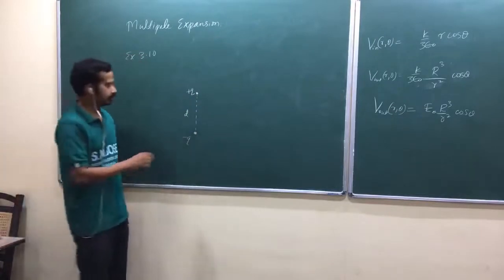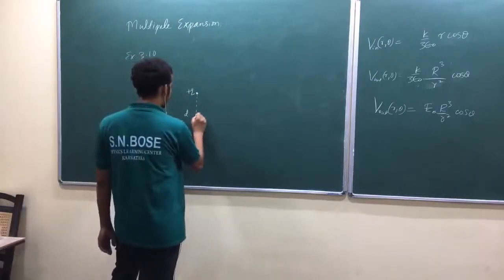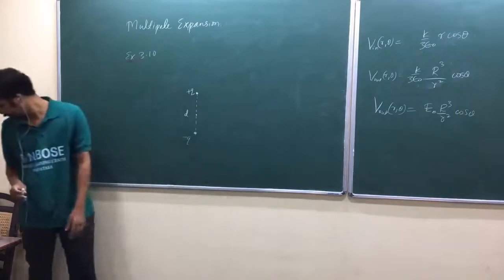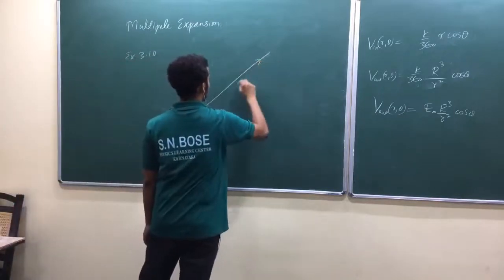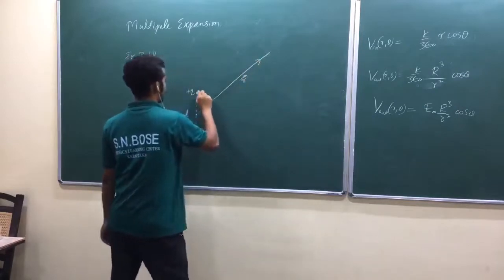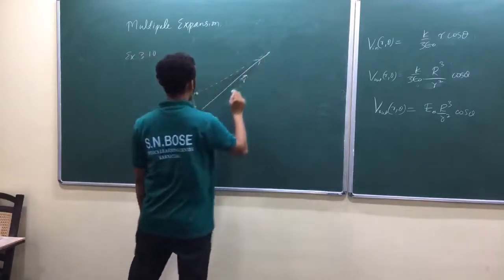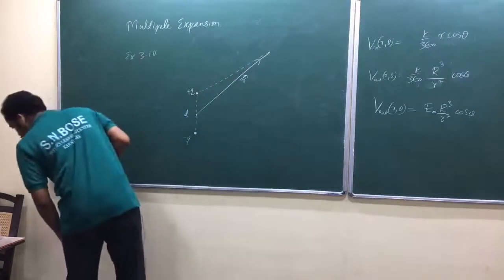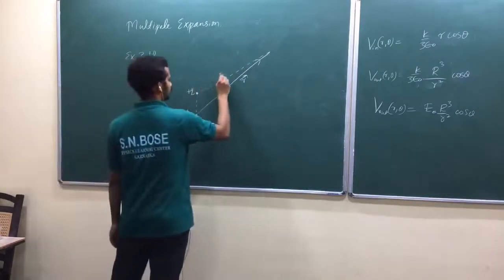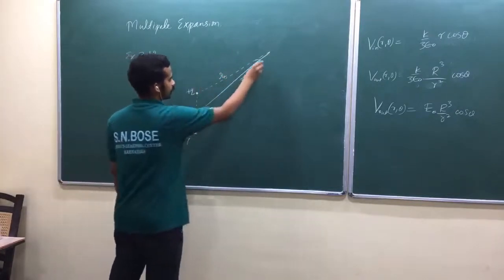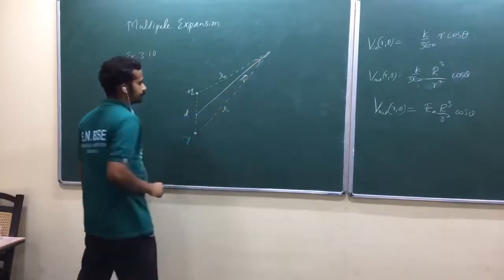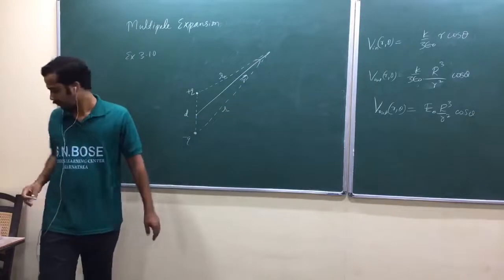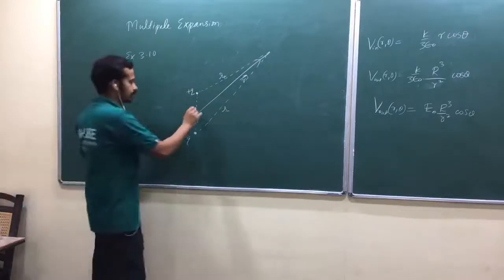Okay. Now let me take the middle point. Let me choose this middle point as my origin, and let me take somewhere here a field point, very far away. Let me call this one italic r plus, and let me call this one italic r minus, and I had better define my theta here.